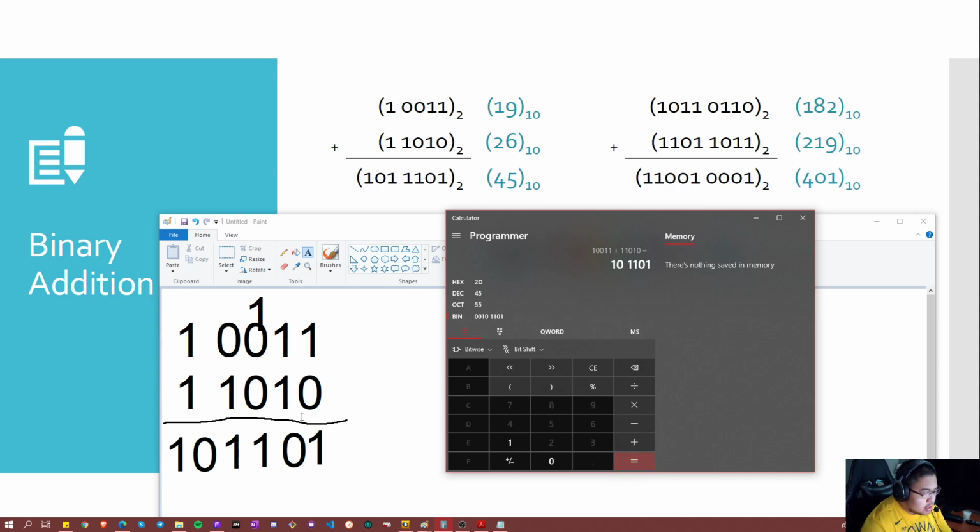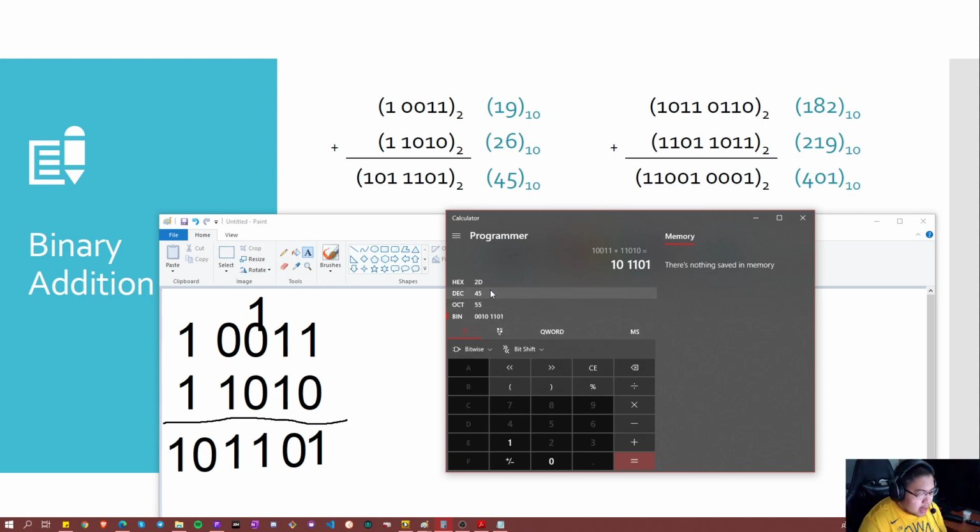So the answer is 1 0 1 1 0 1. That should be the answer on this portion. If we convert it, that is 45 in decimal, 2D in hex, and in octal that's 55.